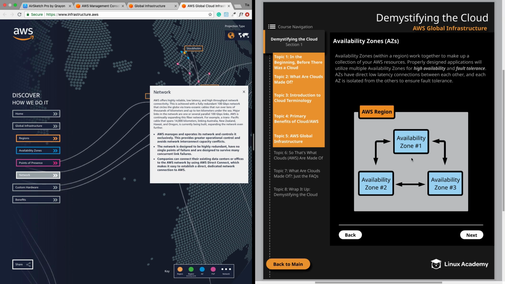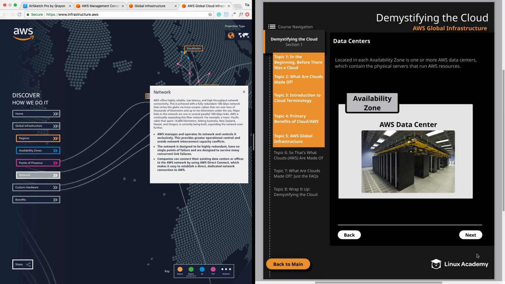There are some services that do replicate data between different availability zones automatically, but there are others where you, as you provision, have to architect or design your environment correctly to create that high availability across availability zones and across regions. So let's go ahead and take a look at the next piece, which is the data center.